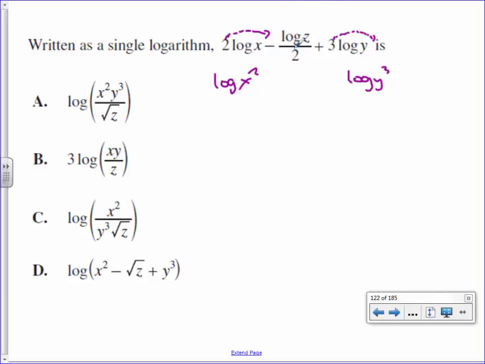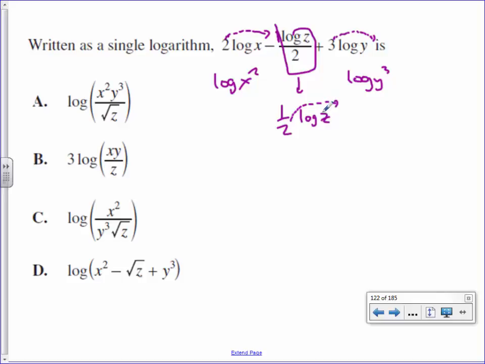Now, this is why I don't think they'd test the -2 kids on it, because this was super sneaky. But you see this middle thing right here? You could write it as 1/2 of log z. See how there is kind of an implied 1 in front of it there? It's sneaky. Do you guys remember what happens when you pull a 1/2 up as an exponent?